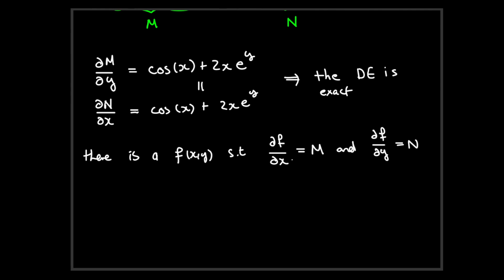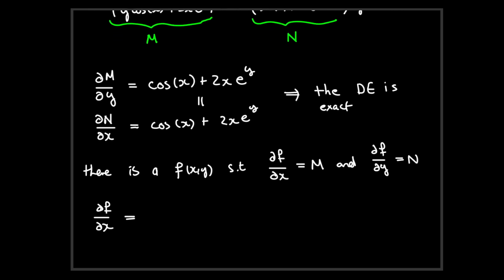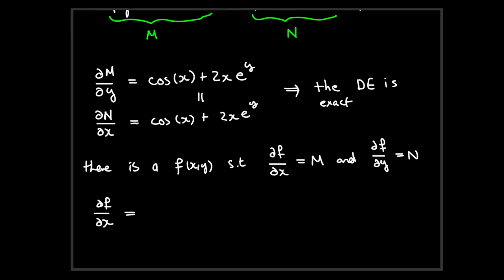We know that df/dx is equal to this portion here: y cos x plus 2x e to the y.